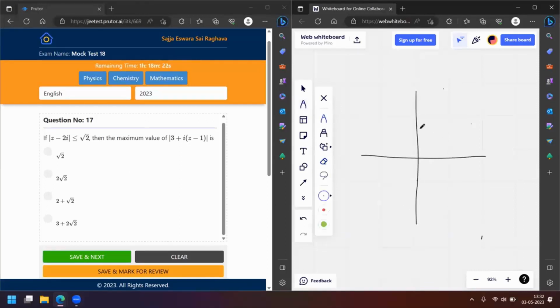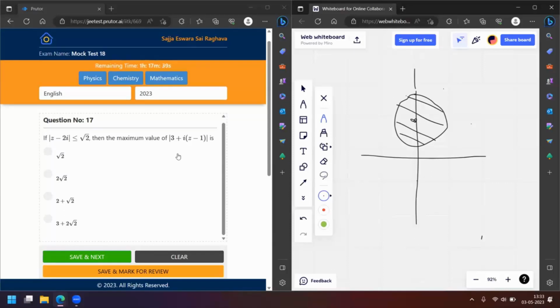So this is our point 2i. Our distance should be less than or equal to 2. So these are the points we have to consider, and we have to find the maximum. So these are all the values of z. So we have to find the maximum value of the required expression.